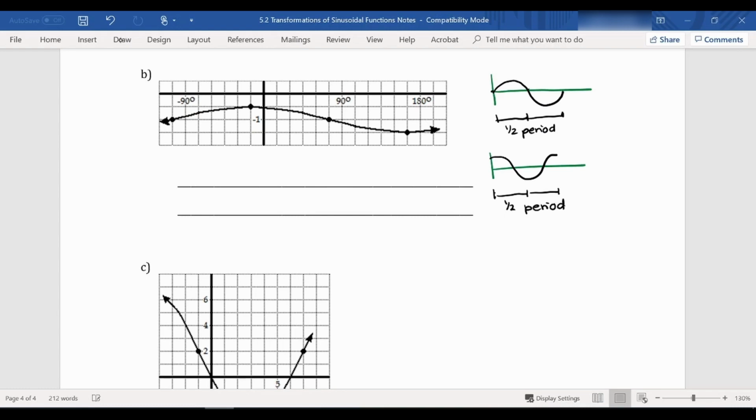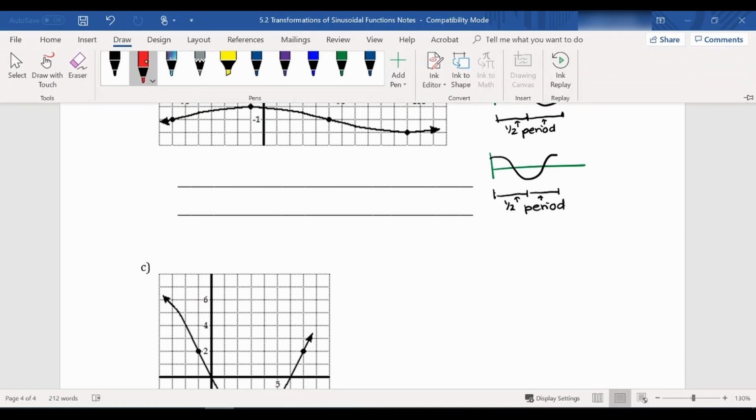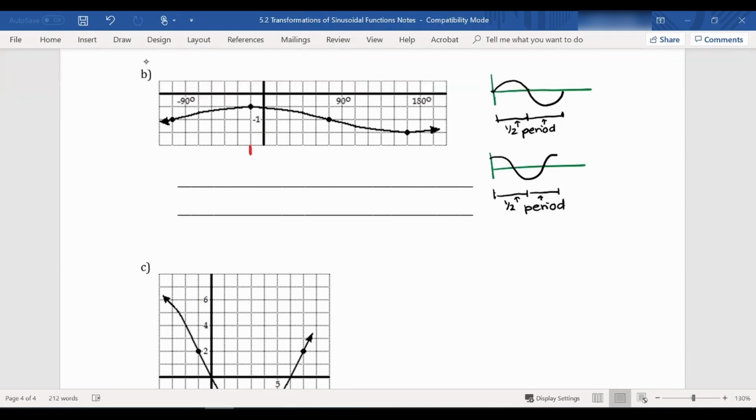So you can see a half period in different ways, okay? So this one, you can't see a full rotation of your curve. You can only see a half rotation. But I can notice that a half period, it looks like it goes from this maximum down to this minimum, okay? This would be a half of a period.